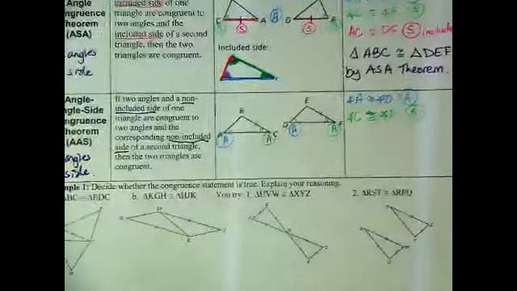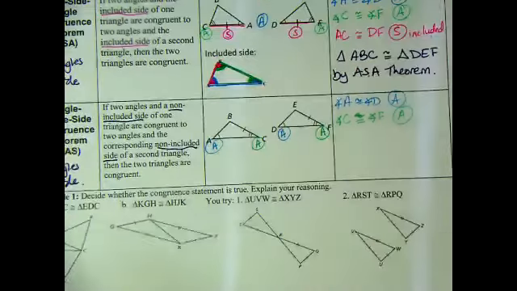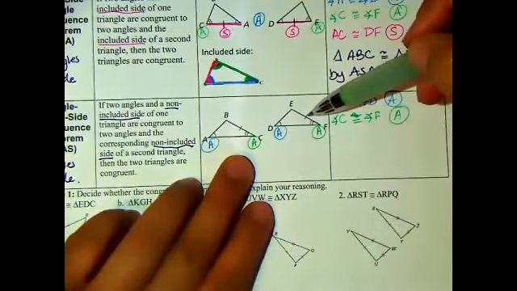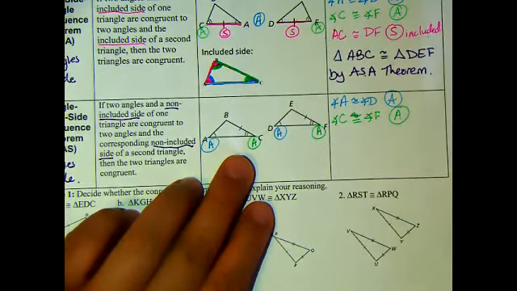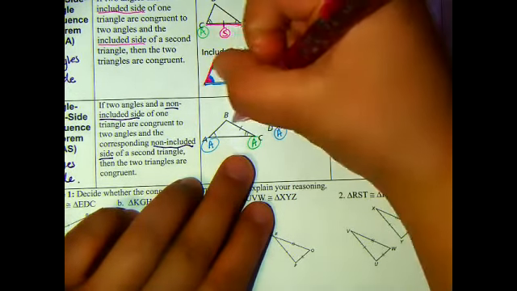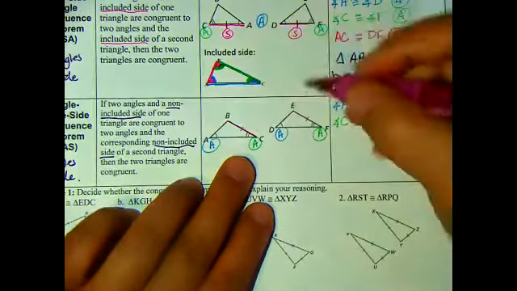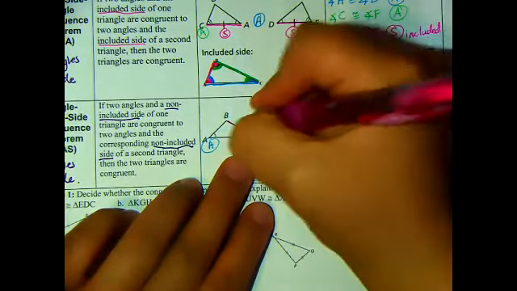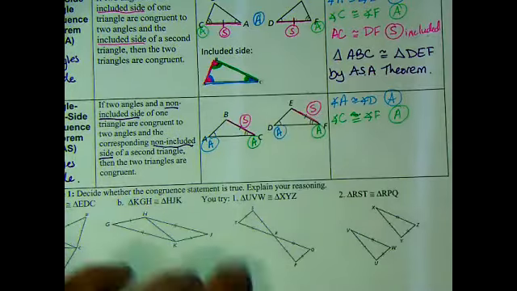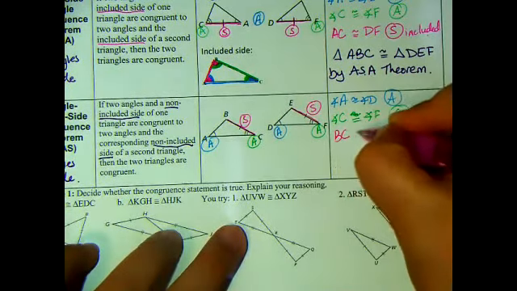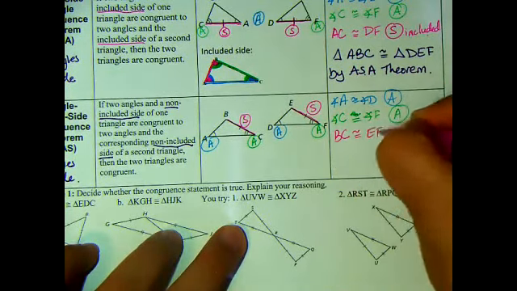Then I need one side. And that one side that I'm given that is congruent is BC is congruent to EF. So I am given that side BC here is congruent to side EF.